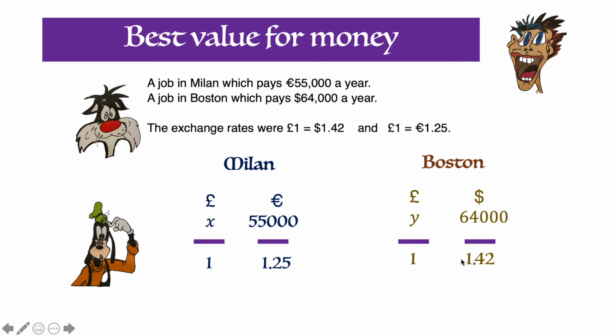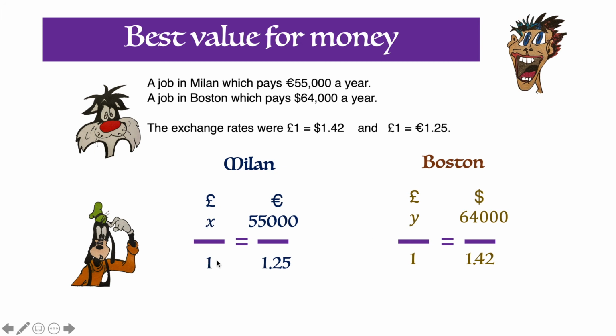I simply put a line underneath each of those, like you see here, and then I can say, well, if this equals that and this equals that, then this fraction must equal that fraction. Similarly here, if y equals 64,000 and 1 equals 1.42, then this fraction will equal that fraction.